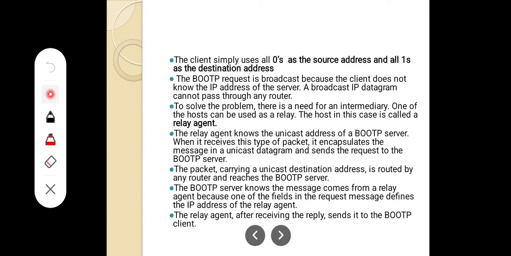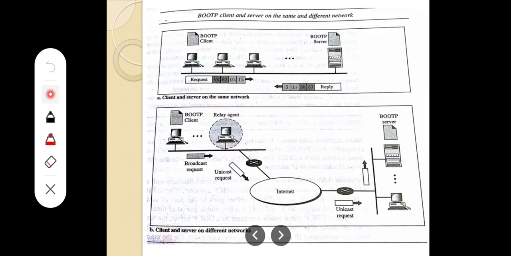Okay, that is what is said here. The relay agent after receiving the reply sends it to the Bootp client. So the Bootp server will be replying with another unicast message. When this unicast message is received by the relay agent, it will be transmitted to the Bootp client.